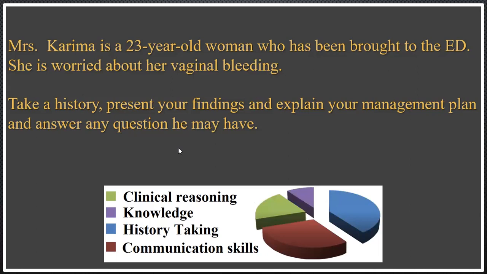Actually, I have good news for you. It looks like it's not cancer. There is a lot of differential diagnosis for vaginal bleeding, including maybe you have a miscarriage, maybe you have an infection. I'm not pregnant, doctor. And you didn't take any contraceptive pills? No. You could be pregnant and not know about it.